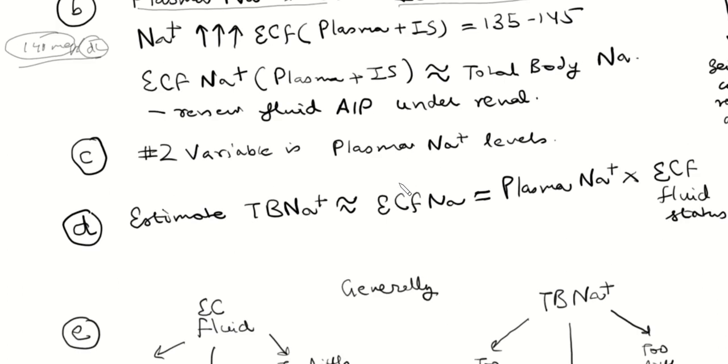Now, that tells me that plasma sodium, which is the same as extracellular sodium concentration, if we multiply that by the fluid status, or how much total fluid is in the extracellular space, remember that variable one, that should give us an idea of how much is the total extracellular sodium.